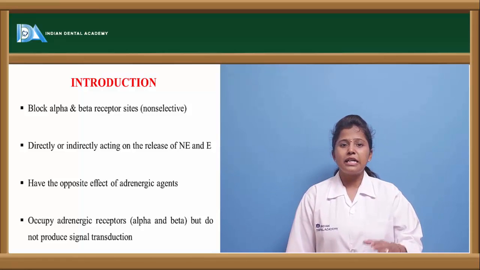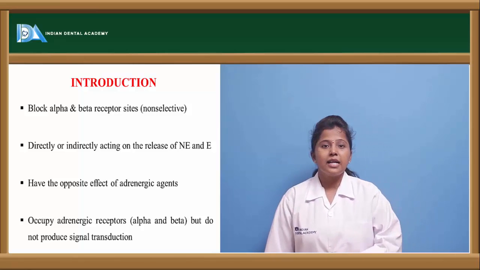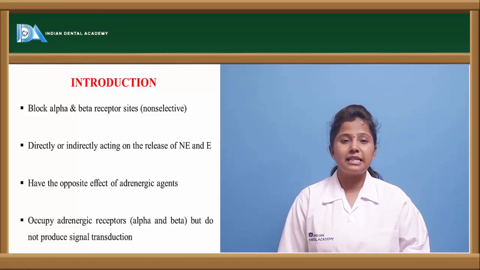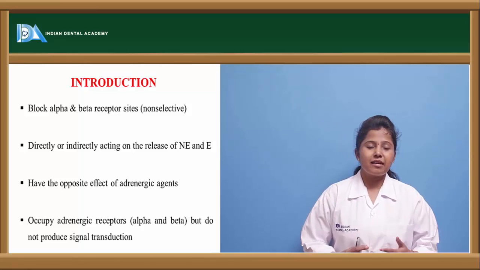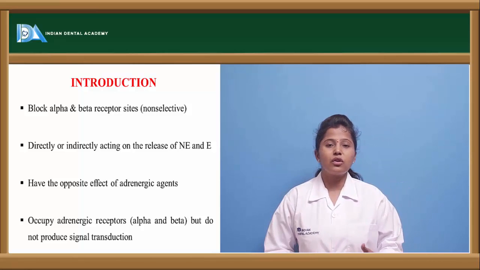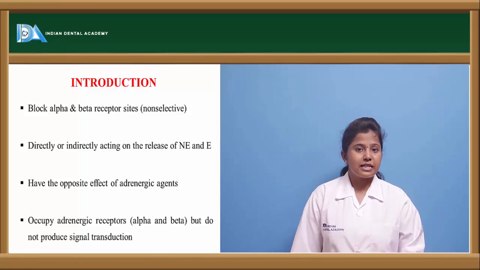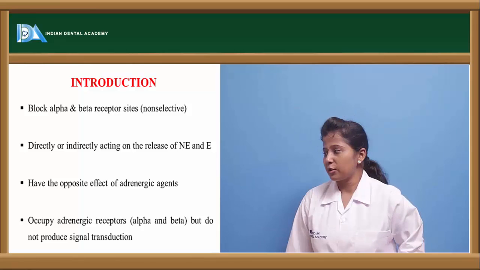So directly or indirectly, if the action of these neurotransmitters is inhibited, then the blockade of the sympathetic nervous system will take place, which is the ultimate motto of these drugs. These are the drugs which antagonize, or show the opposite action of, adrenergic agonists. As these are sympatholytics, they obviously show the opposite action of sympathomimetics.